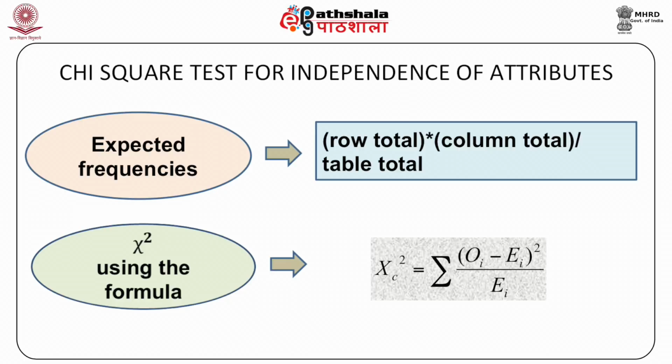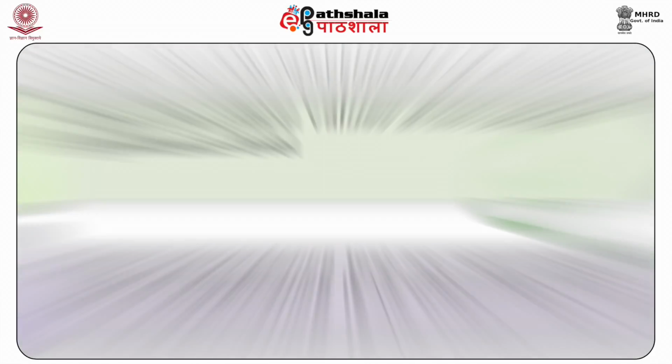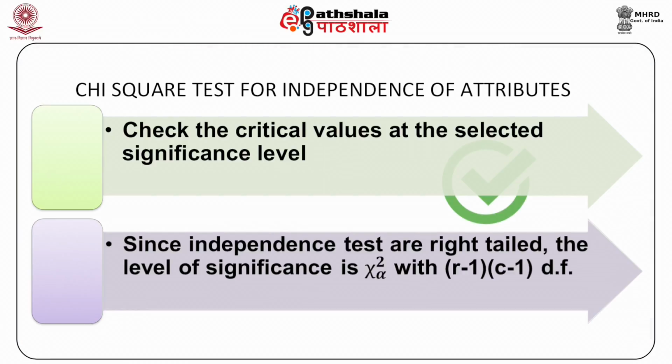Then calculate the chi-square using the formula chi-square = sigma of (Oi - Ei) whole squared upon Ei. Third step, check the critical value at the selected significance level.